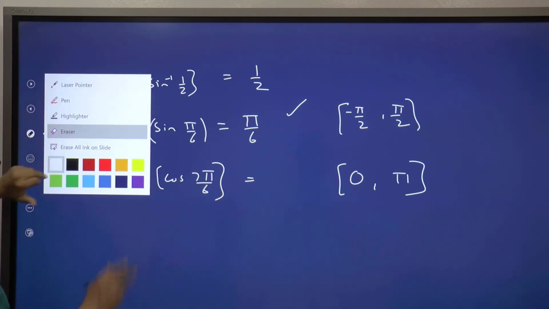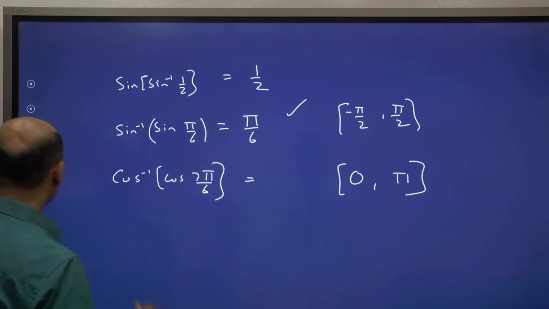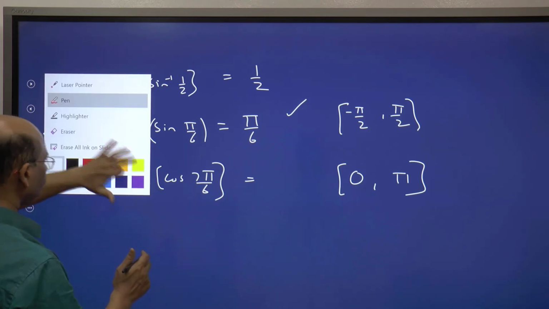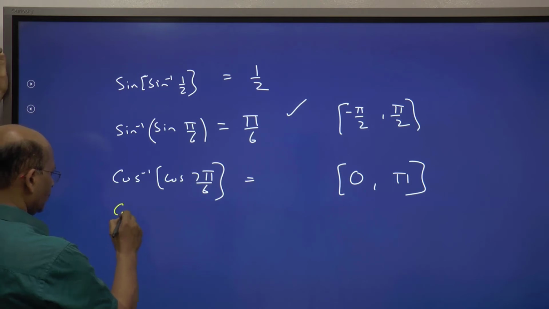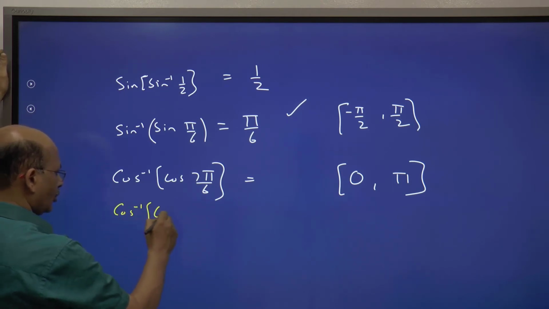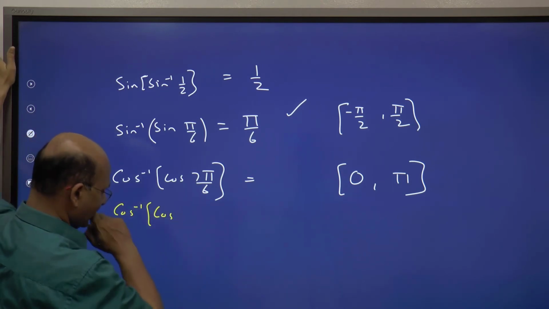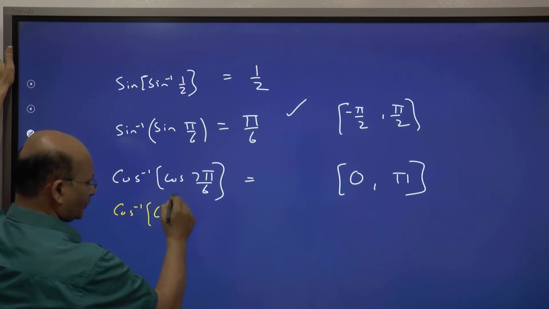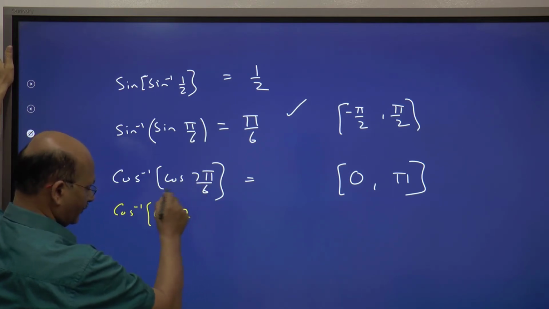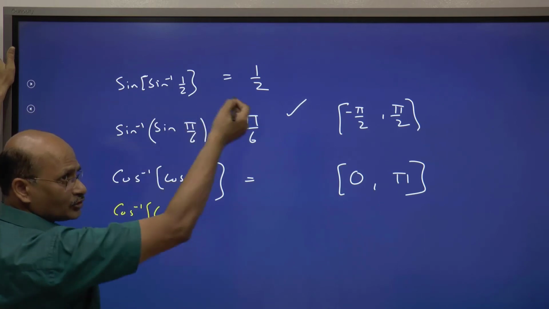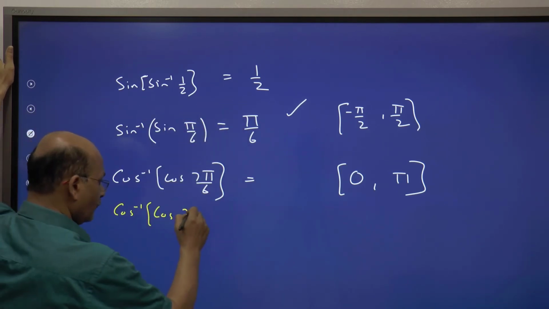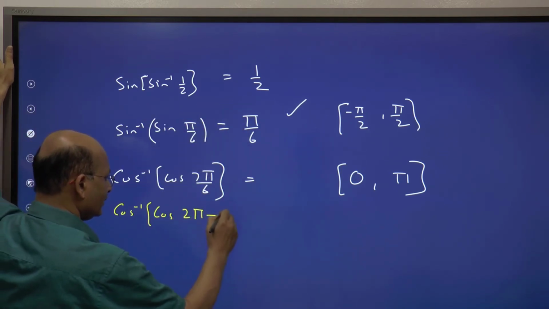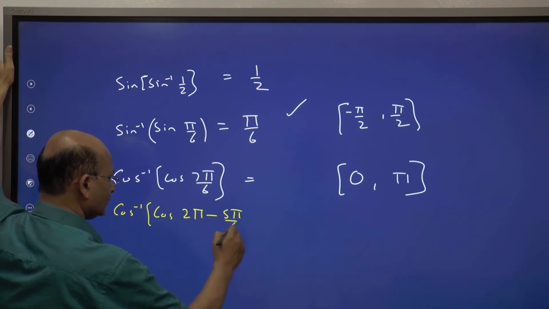So what am I going to do? I am going to do some adjustment. What is the adjustment? I will share it with you. Pay attention. This is cos inverse cos. Cos is positive, and positive is in the first quadrant and the fourth quadrant. So 2 pi minus 5 pi by 6.